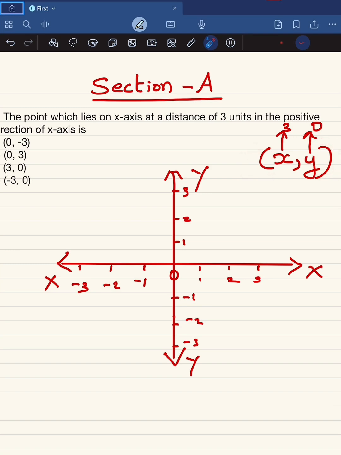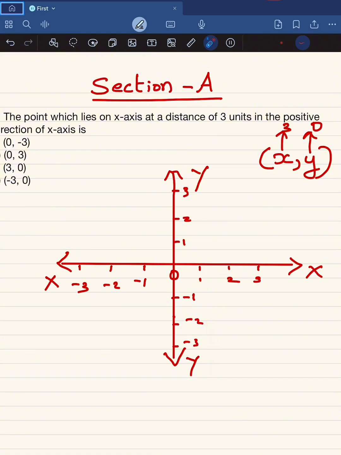In the graph, the horizontal line is the x-axis and the vertical line is the y-axis. On the x-axis, the right side has positive numbers and the left side has negative numbers. On the y-axis, the upper part has positive numbers and the lower part has negative numbers.